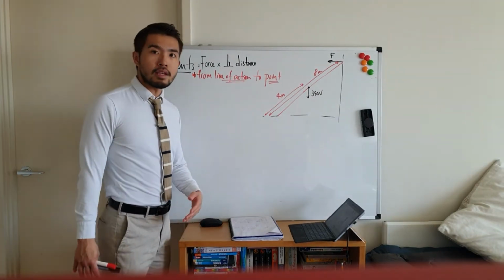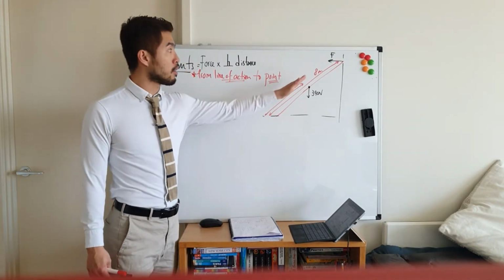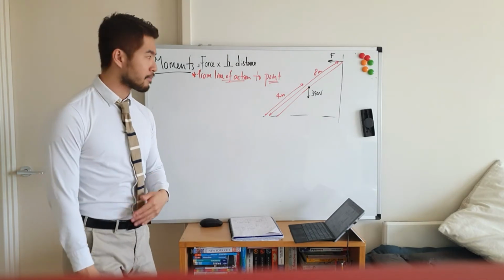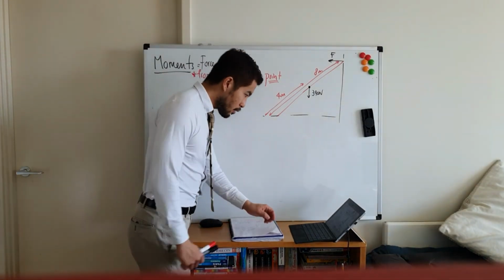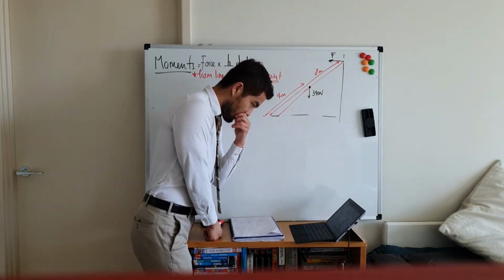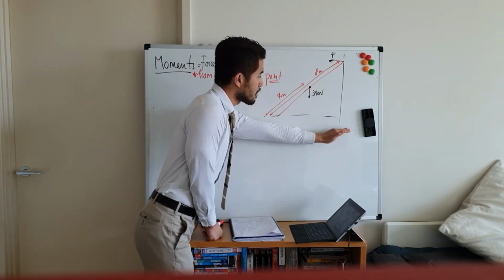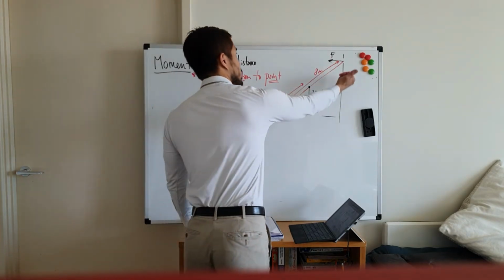So in this situation, instead of resolving the forces, which you can also do along the plane in here, we usually resolve the distances instead. What does that mean? In this question, we are doing slide 10. It is about a ladder that is on the wall, and the wall is pushing the ladder this way.